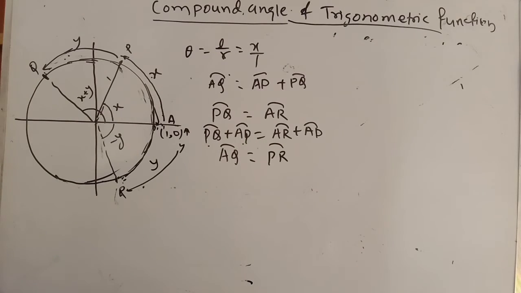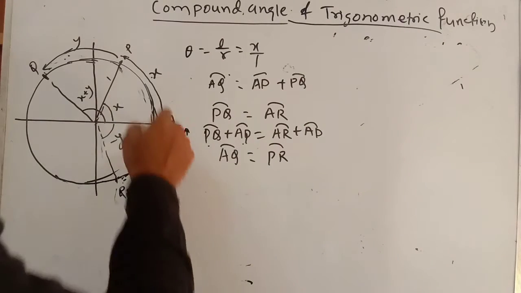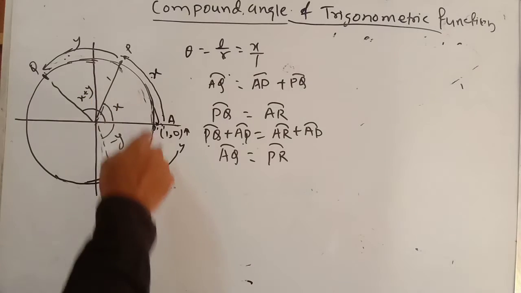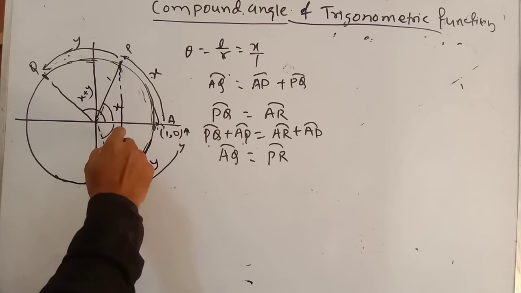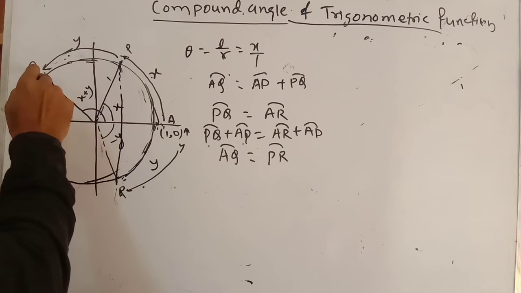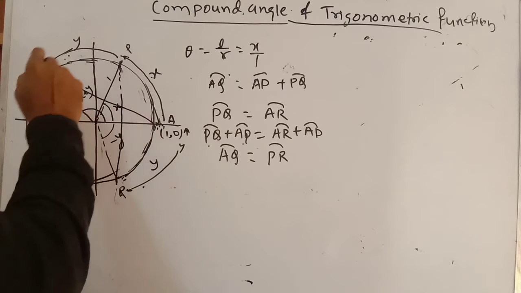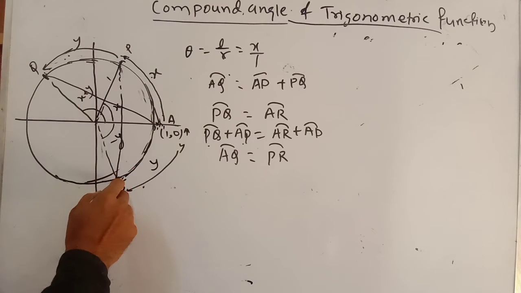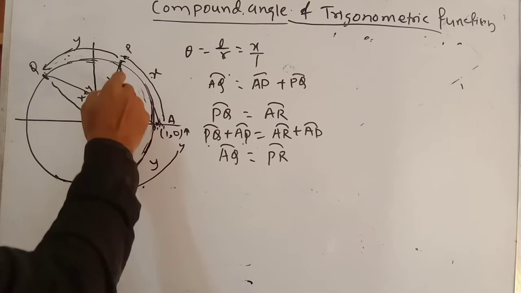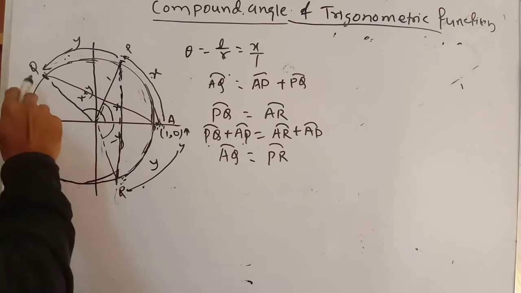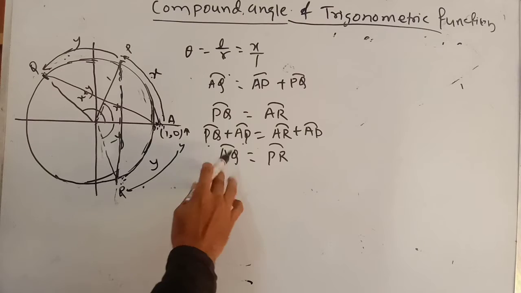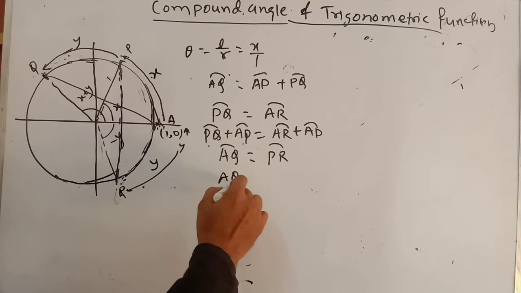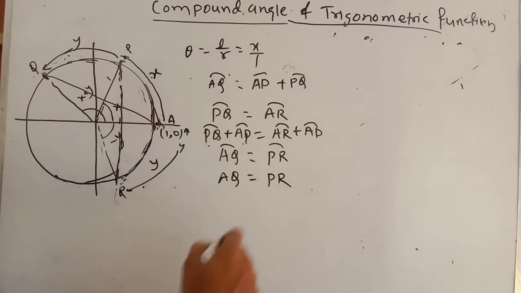Okay, so we know that when both arcs are in the same circle, then the chords made by the same arcs are same. Here the AQ arc equals PR arc. So by the PR arc the chord is PR, and by the AQ arc the chord is AQ. So you can write the chord length AQ equal to PR.